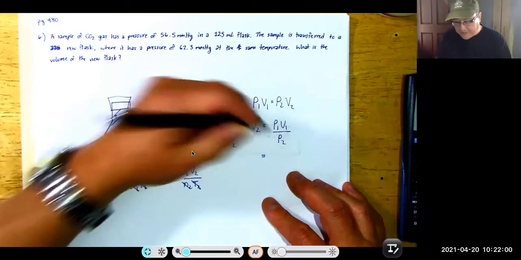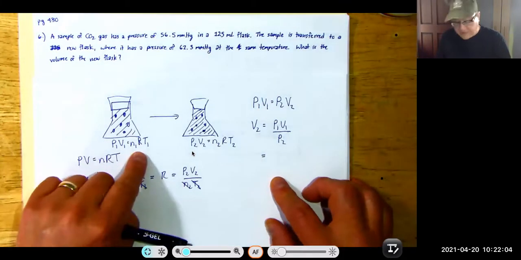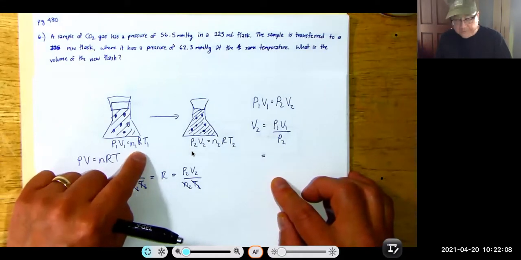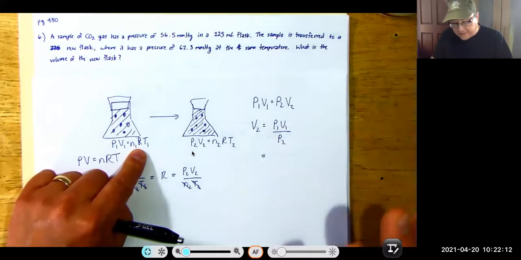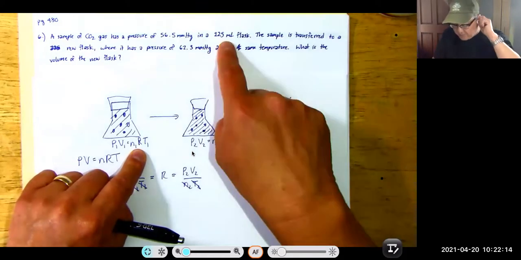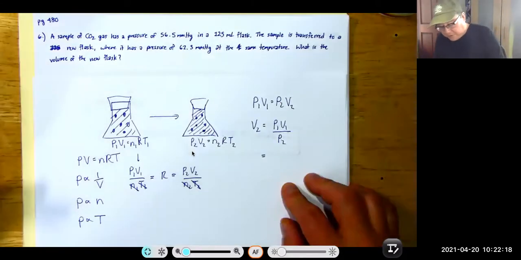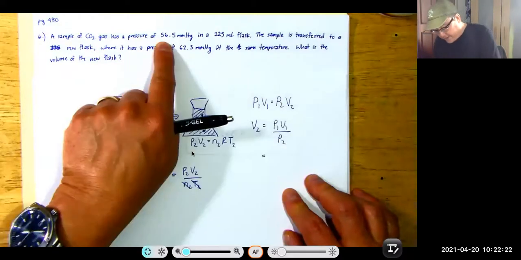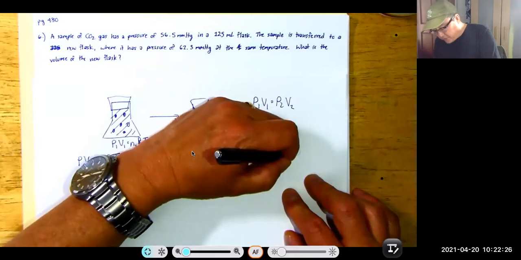Now what's really nice about problems like this is that even though for R we normally have units of liters, atmospheres, mole K, or liters, millimeters of mercury, mole K, we don't need to worry about that. The fact that this is not liters does not bother us because our volume will end up being milliliters. So P1 is 56.5 millimeters of mercury.